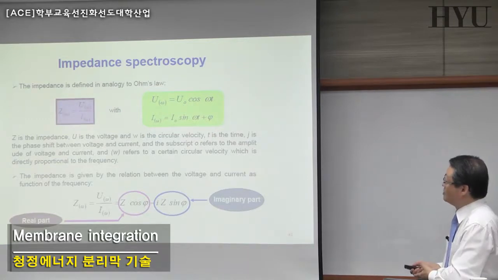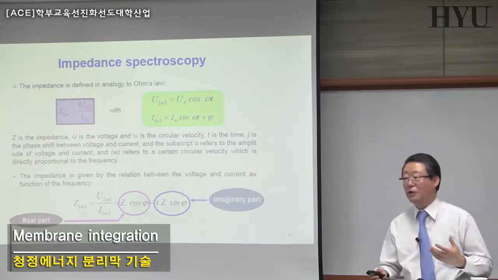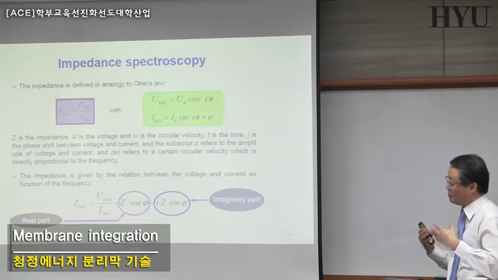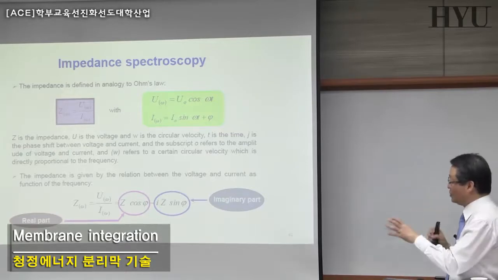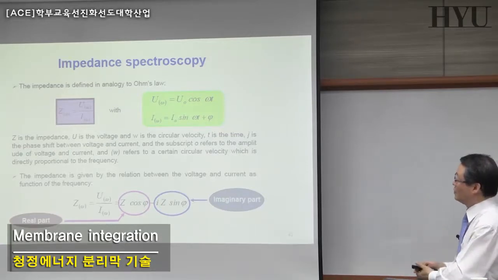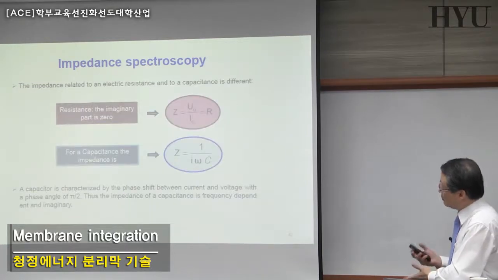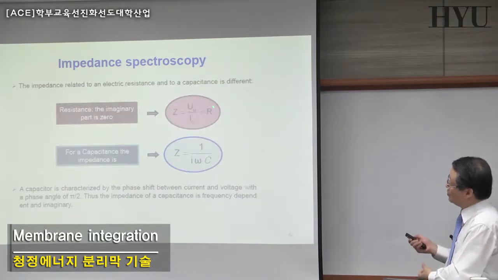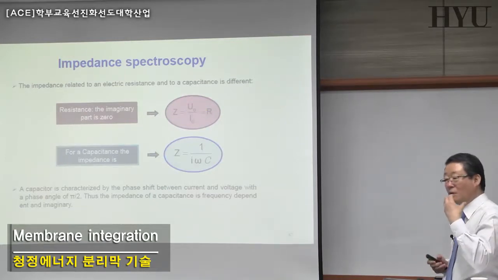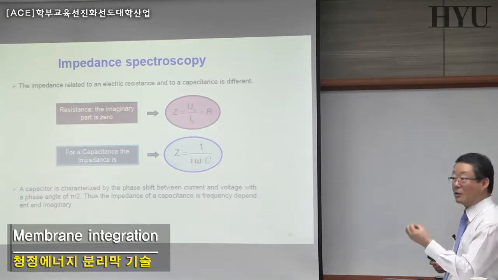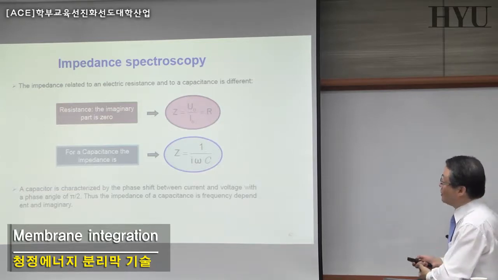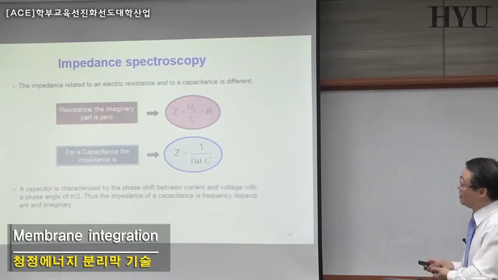So in the alternating current system, impedance can be described by two parts, the real part and the imaginary part. The real part is equal to what we call the resistance in the direct current system, whereas the imaginary part is related to the capacitance.